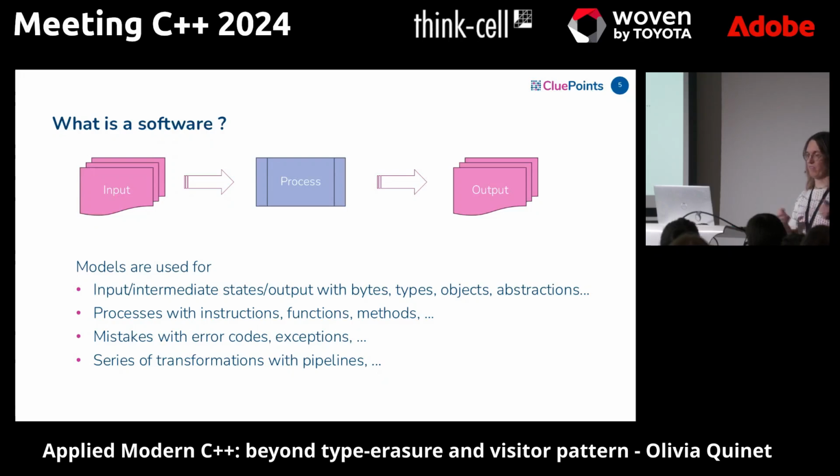And the processes are modeled by instructions, functions, methods, and so on. And we deal with mistakes, with error codes and exceptions, and it is also good, for example, to put a series of transformation operations into a pipeline where a series of objects are processed.